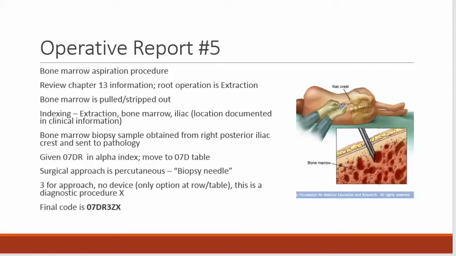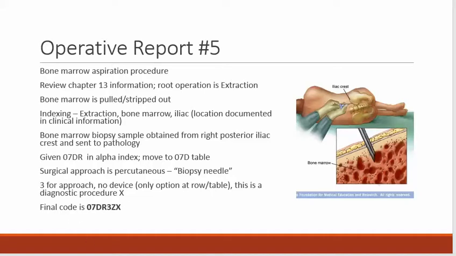The indexing is extraction, then bone marrow, then iliac. And we're given 07DR in the alpha. We move to the 07D table. Again, they're using a needle as noted in this graphical picture, and the needle insertion is considered percutaneous. They're making a small puncture. 3 is then the surgical approach, no device, and again, it is a diagnostic procedure.